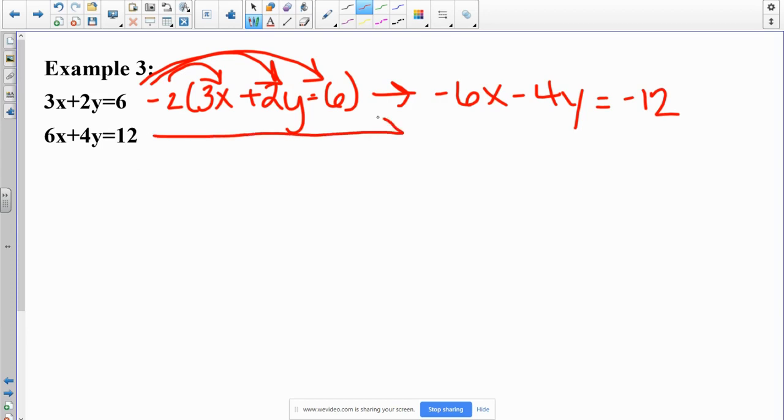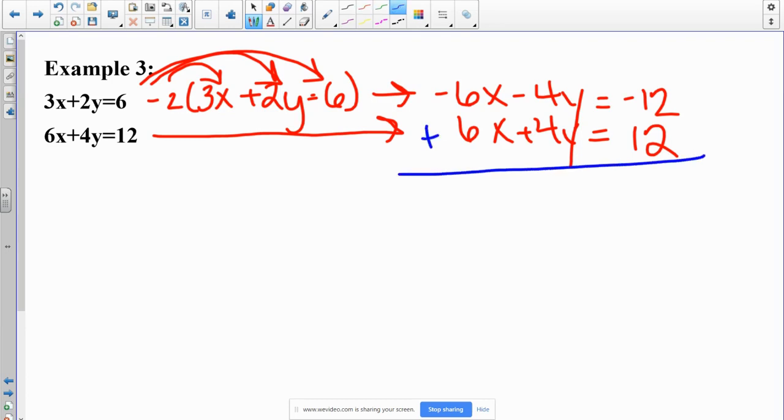I'm going to pull the other one over. So 6x plus 4y equals 12. Okay, I'm going to add them up. I'm going to look at this and say, -6x plus 6x leaves me with no x's. -4y plus +4y also leaves me with no y's.